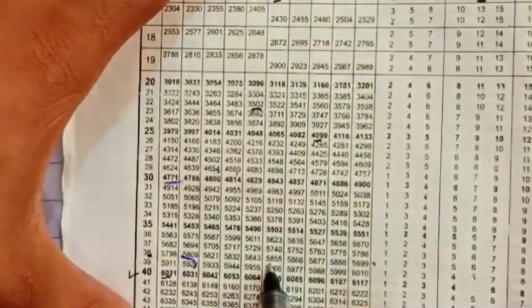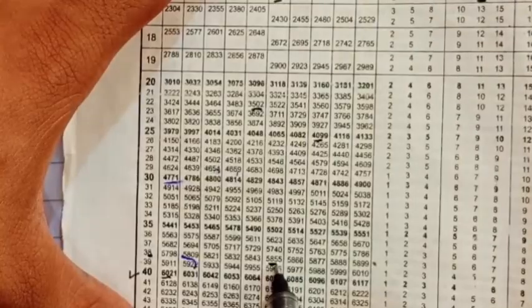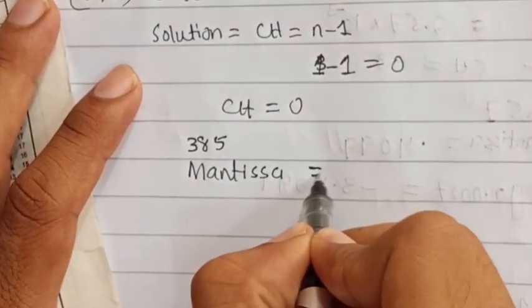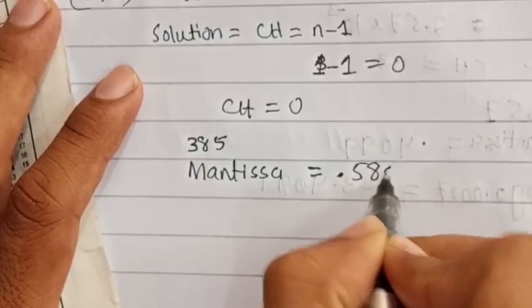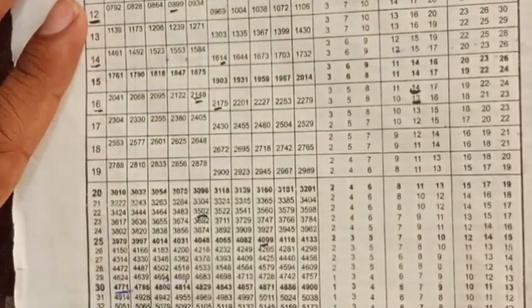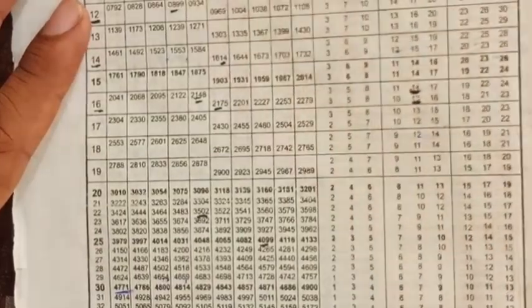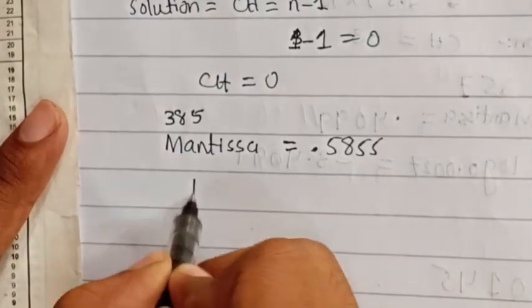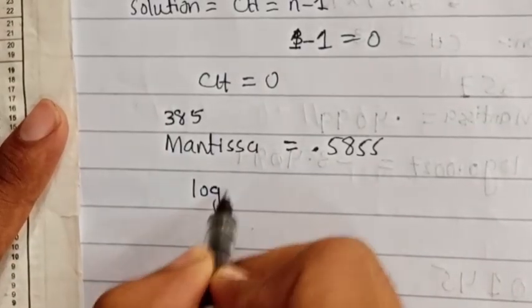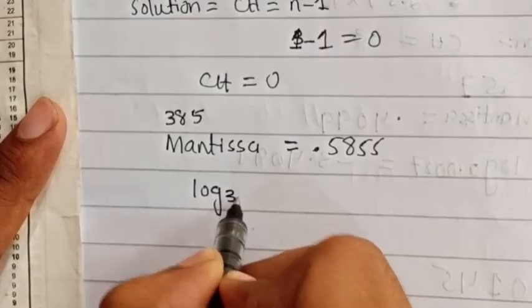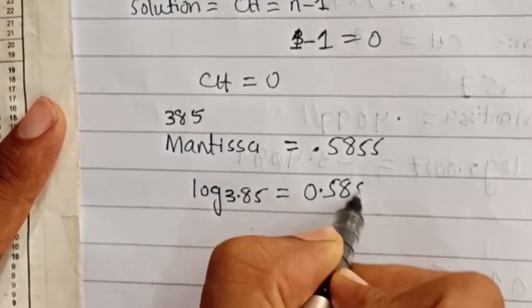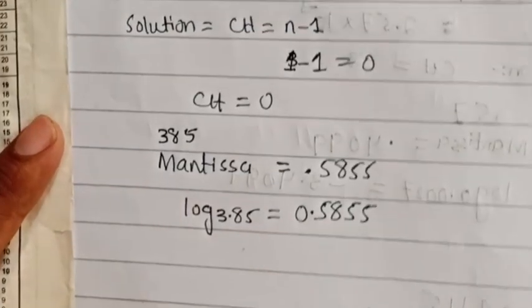In the fifth column it will be 5855. So the value is 0.5855, meaning the value of 38 in the fifth column is 5855. So 0.5855 is my mantissa. So in log form, log 3.85 is equal to 0.5855. So it is in log form.